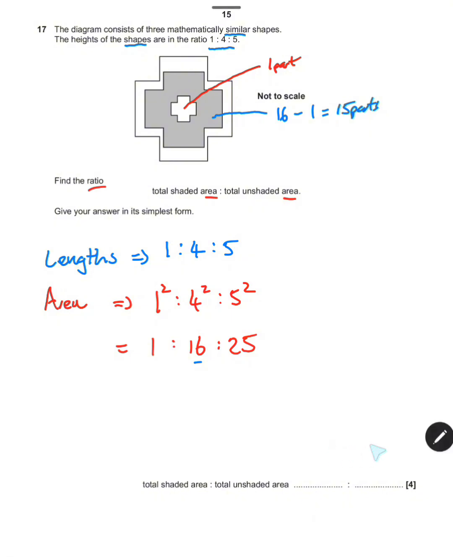And if we go further and look at this larger cross, then that's 25 parts, but I've got to remove all of the shaded region and the middle section, but I can actually just say that that's 16 parts because the whole shaded cross, including the middle, is this 16 parts. And 25 take 16 is 9 parts.